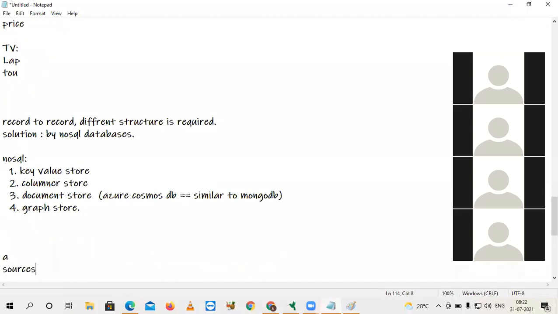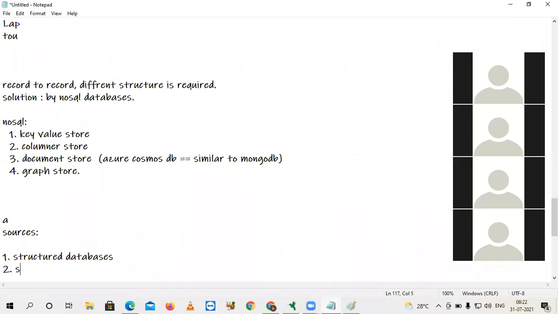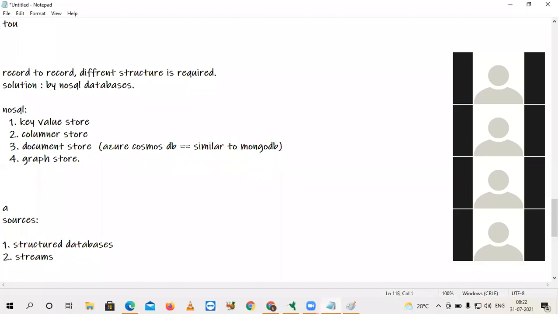The sources can be multiple: structured databases, streams, or even NoSQL databases. An organization may use multiple different varieties of NoSQL databases. You should be able to connect with all these sources, extract from them, and load into the target. If the volume is bigger, after loading, perform the transformations by using Databricks.